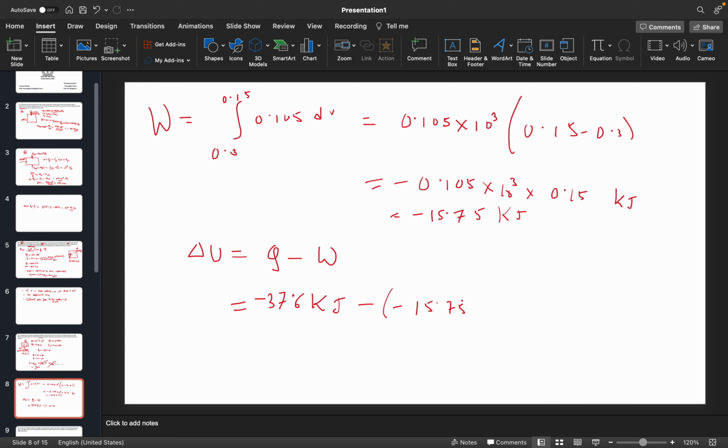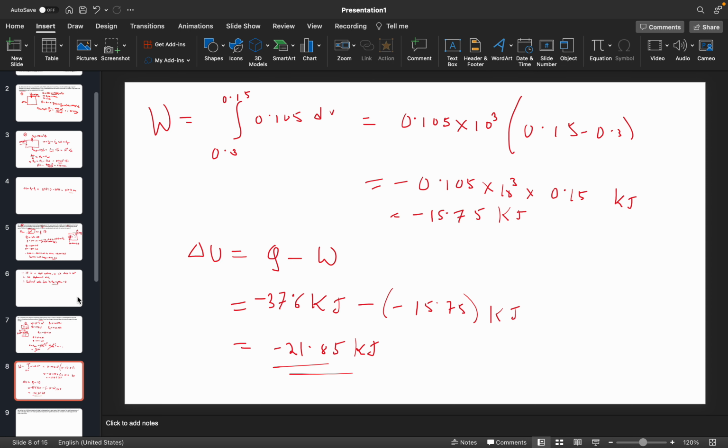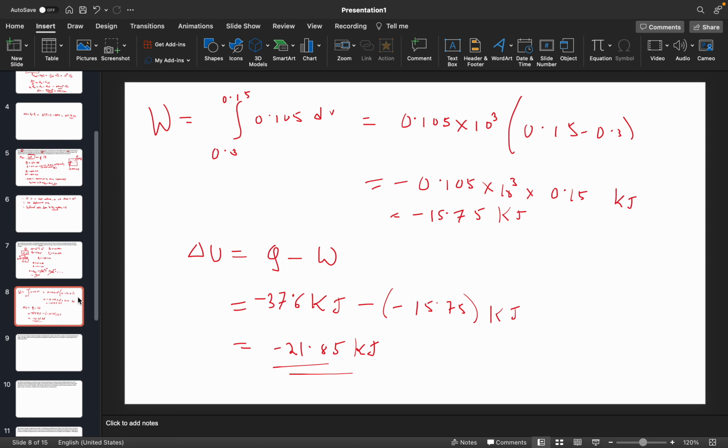So what I will get now is 37.6 minus 15.75, which gives negative 21.85 kilojoule. So there is a decrease in internal energy of 21.85 kilojoule.